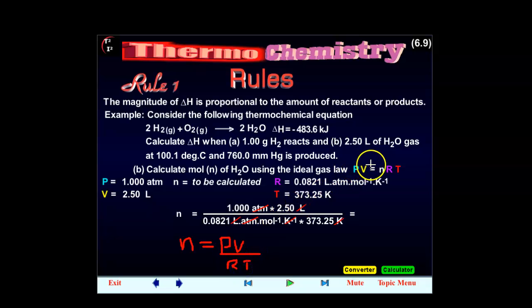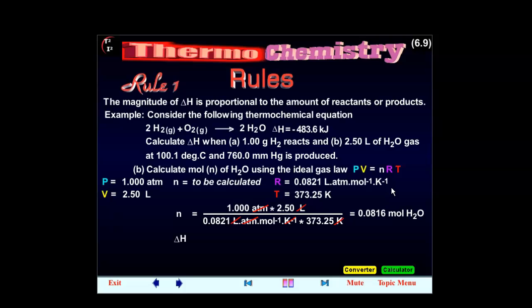When you make n the subject, that's how you get these values: pressure times volume divided by R, which is a constant, times the temperature. All right? n is 0.0816 mole H2O.